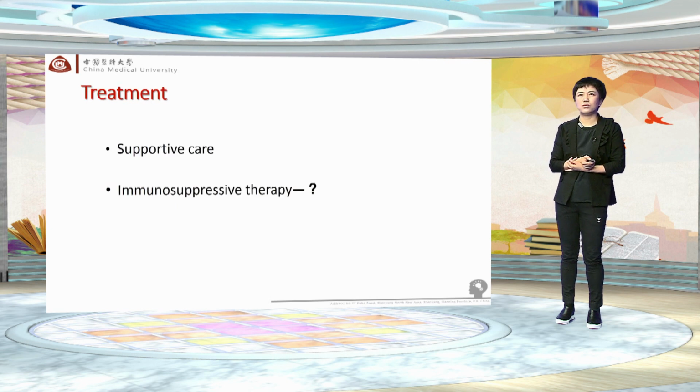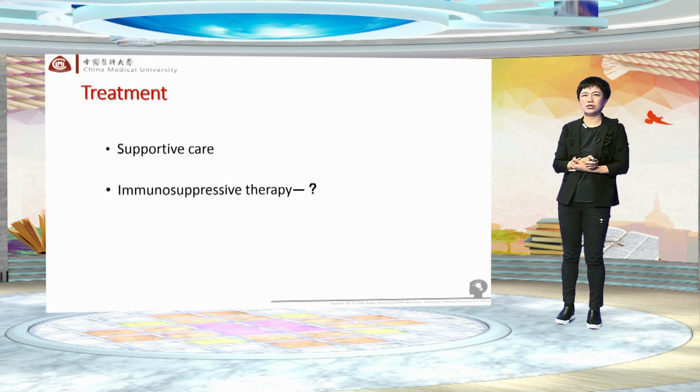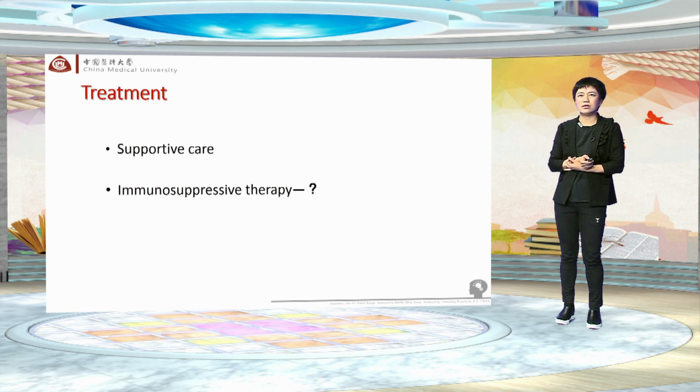All patients with primary membranous nephropathy and proteinuria should receive optimal supportive care. Immunosuppressive therapy should be restricted to patients considered at risk for progressive kidney injury.